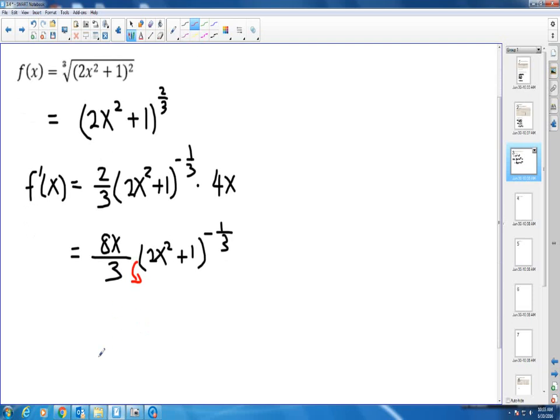Since the 3 is already on the bottom, the only thing left on top is 8x, and my 3 is still down here. I convert back to a radical: the negative tells you to flip, and the 1/3 power tells you it's a cube root. So that's 3 times the cube root of 2x squared plus 1. That will be the simplified answer.